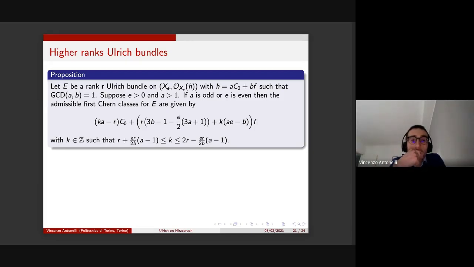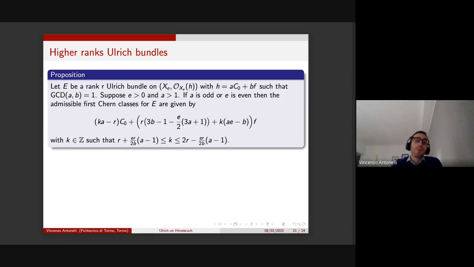In order to have some reasonable result, you need some more assumptions. The first one is about the greatest common divisor. You want the greatest common divisor to be equal to 1, because in this case, as we saw for the rank 2 case, you expect the least possible number of admissible Ulrich pairs. That's the first hypothesis.